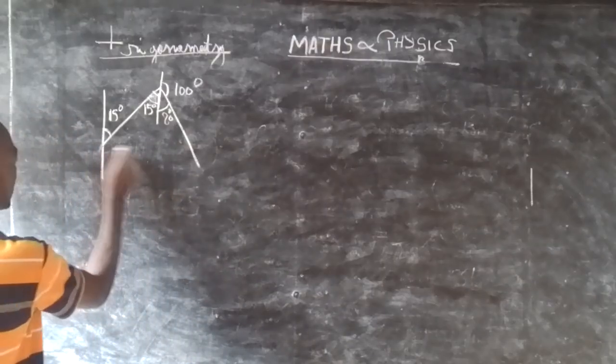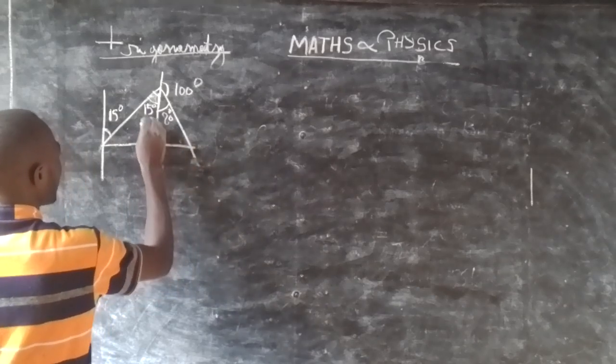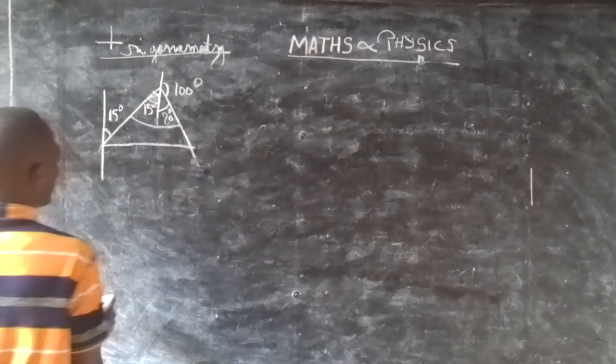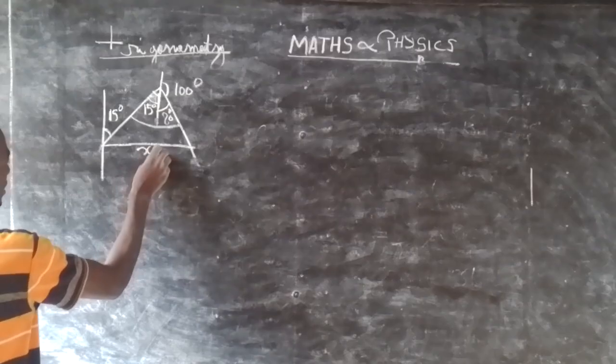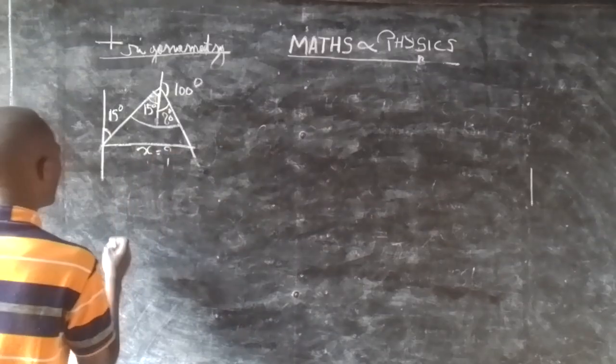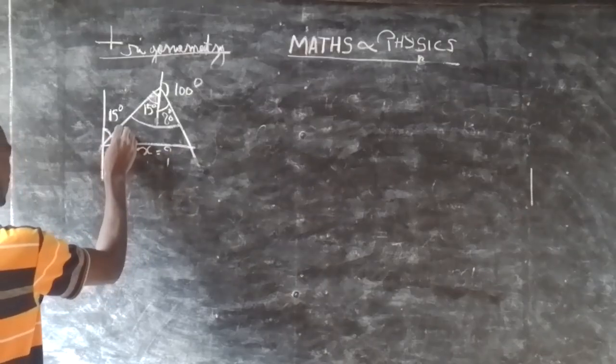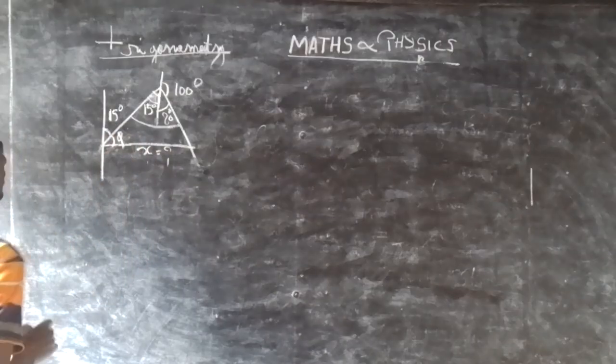We are asked to determine this side, which is x, it's unknown, and this bearing angle, here phi.